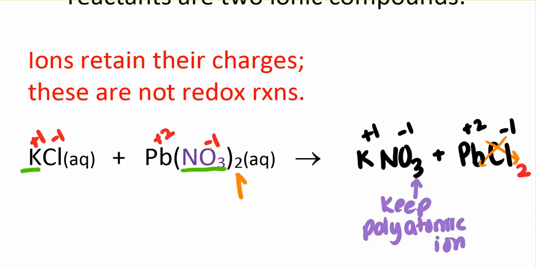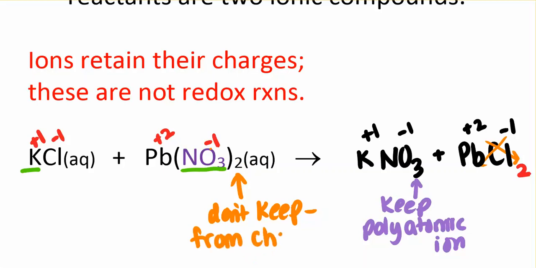But this 2 we don't keep, and it's because that 2 came from this charge. That 2 is there because the lead had a +2 charge. Okay, so we'll be watching that.